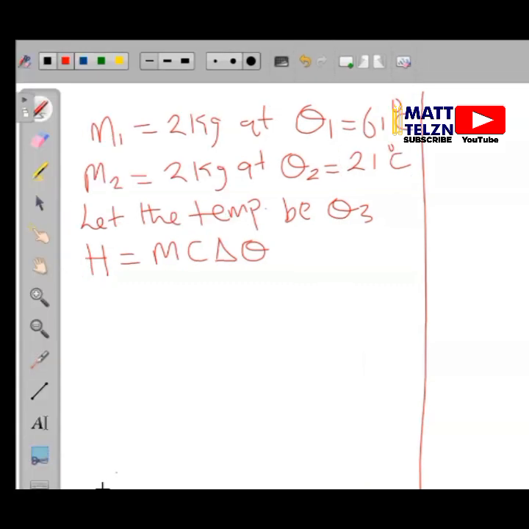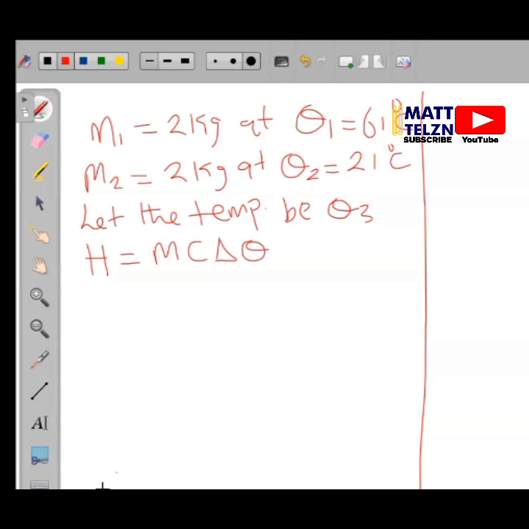Now, according to the principle of conservation of energy in the context of heat change, heat loss by the liquid at higher temperature is equal to heat gain by the liquid at lower temperature, because that is the movement of heat, right, from a higher temperature to a lower temperature.